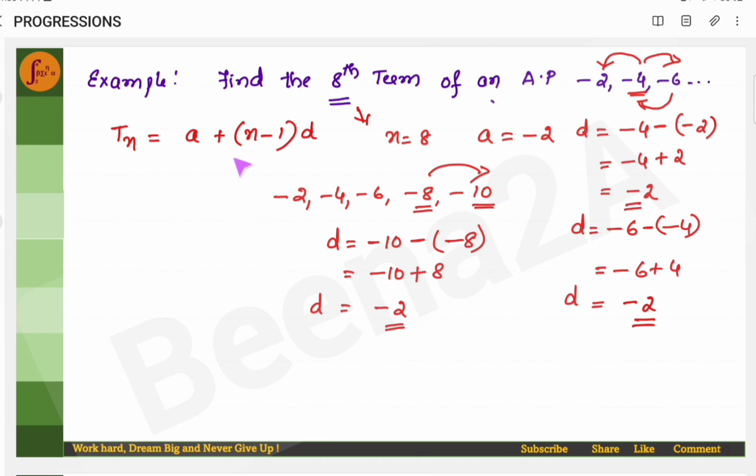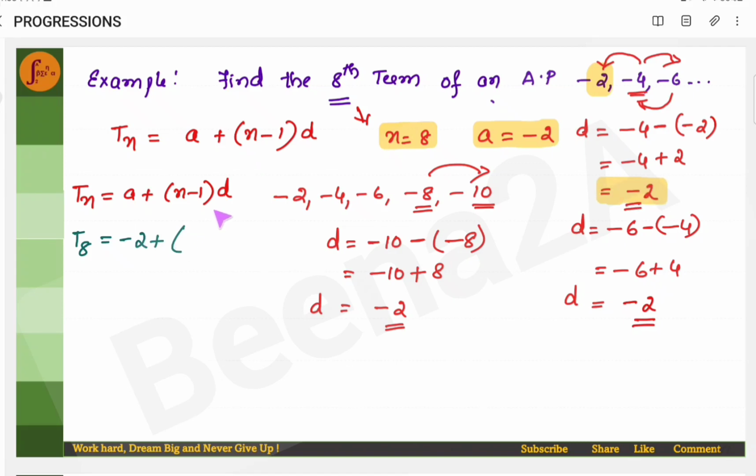Now let's use this particular formula: Tn is equal to A plus n minus 1 into D. I need to find the eighth term. So T8 is A. What is A? First term is minus 2. This is the first term. Minus 2 plus, what is n? n is 8 and D is minus 2.